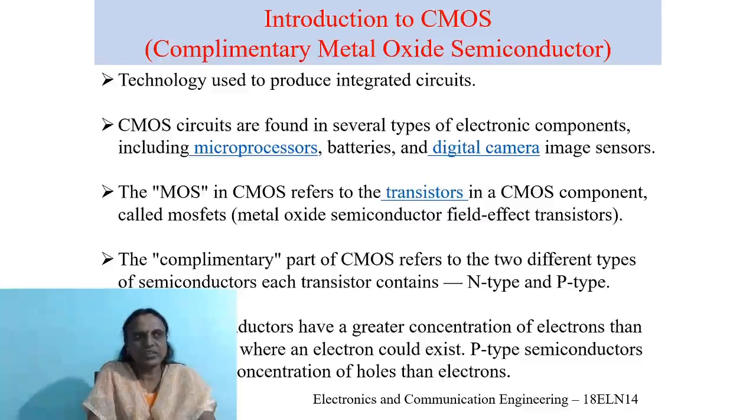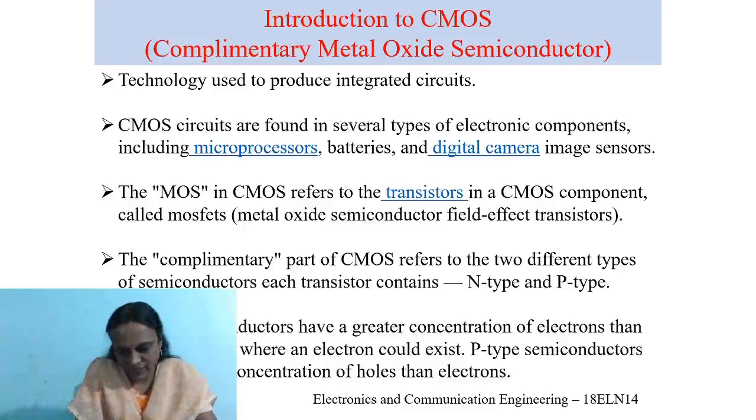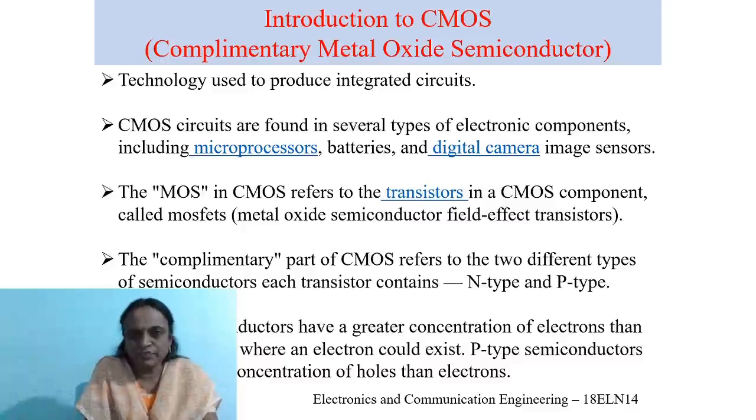These two semiconductors work together and may form logic gates based on how the circuit is designed. Logic gates here means the basic and universal gates which we refer to in our digital circuits.